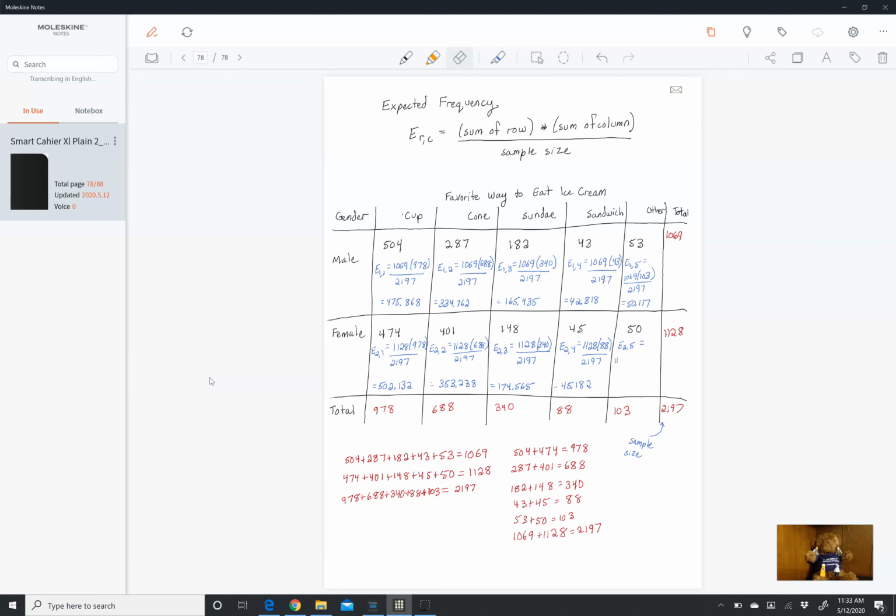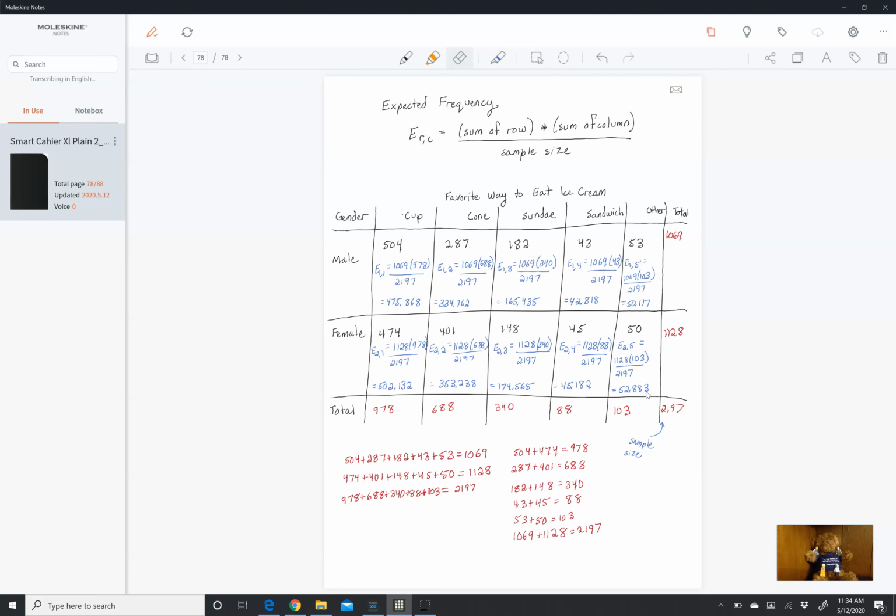So this is 1,128 times 103 over 2,197. And this gives us 52.883. Okay, so these down here, these are our expected values.